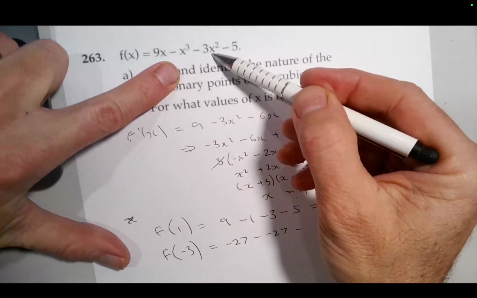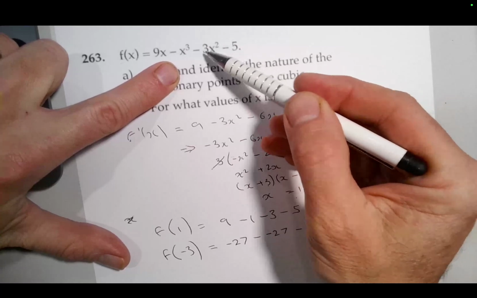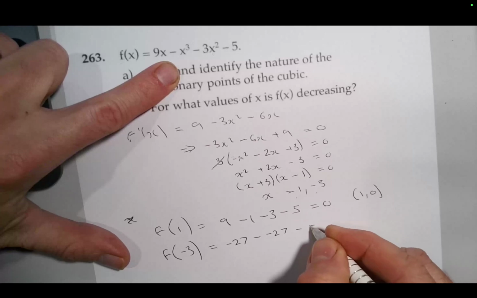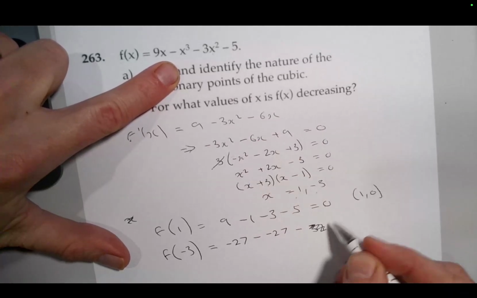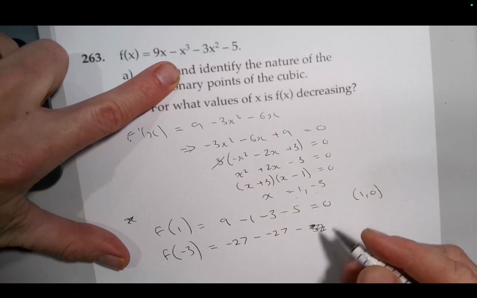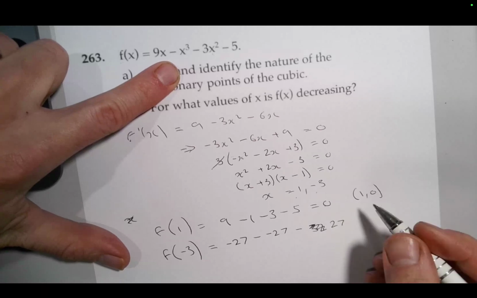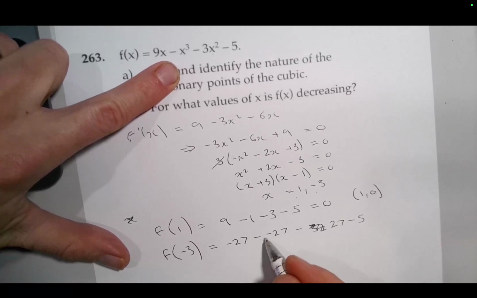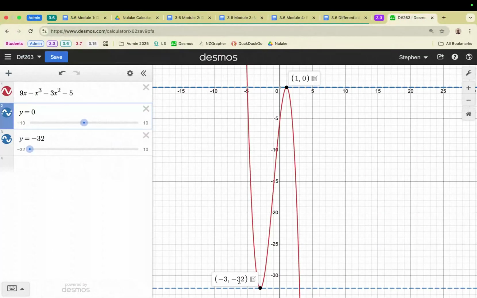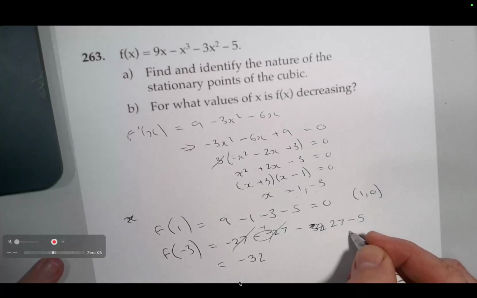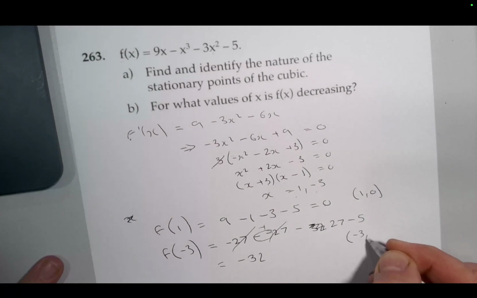Minus, negative 3 squared is 9, so it's minus 27, lots of 27s happening here, minus 5. So that becomes a plus, they cancel, and you've got negative 32, which is what it should be down there. So that coordinate is minus 3, minus 32.